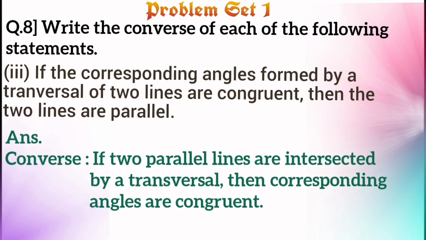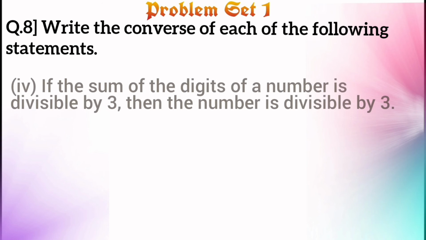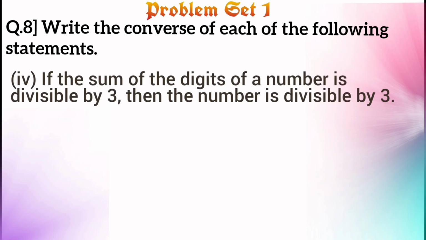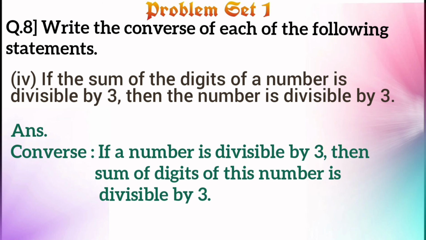So the converse will be, if 2 parallel lines are intersected by a transversal, then corresponding angles are congruent. Fourth one, if the sum of the digits of a number is divisible by 3, then the number is divisible by 3. The converse of this is, if a number is divisible by 3, then the sum of digits of this number is divisible by 3.